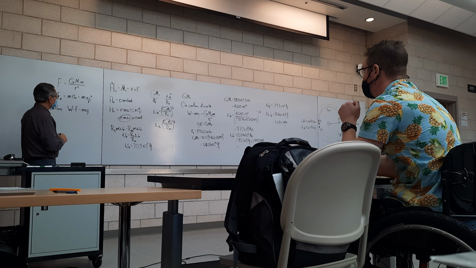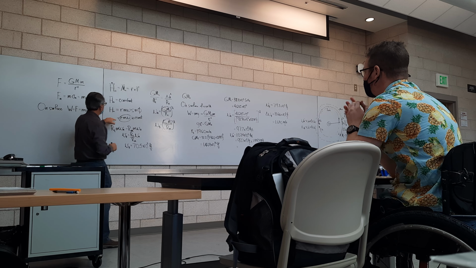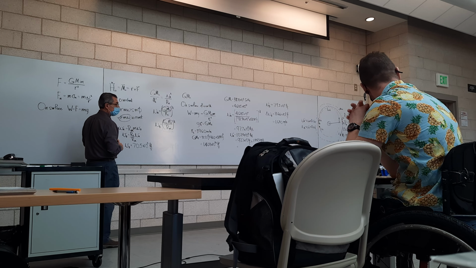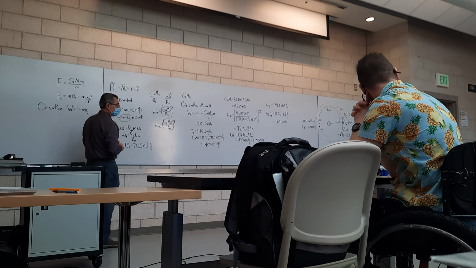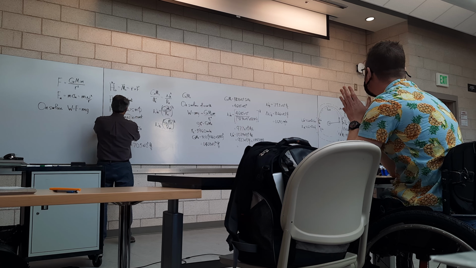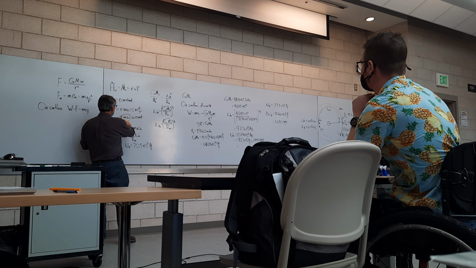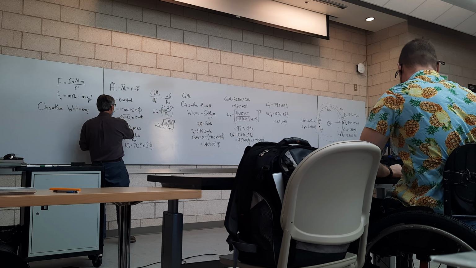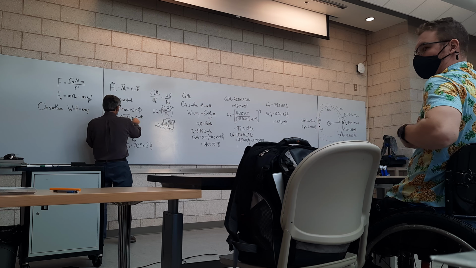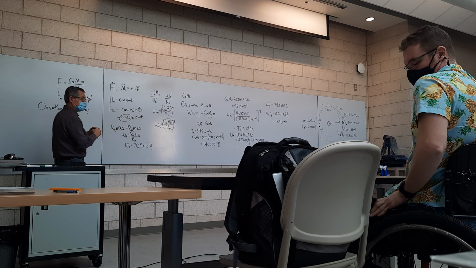Is that where, as the radius is increasing, mass is staying the same? Right, yeah, exactly. The mass is the same, so it's just the mass of the satellite. We're going to a bigger orbit, so R is getting bigger, therefore the velocity has to go down, so that that whole product stays constant.